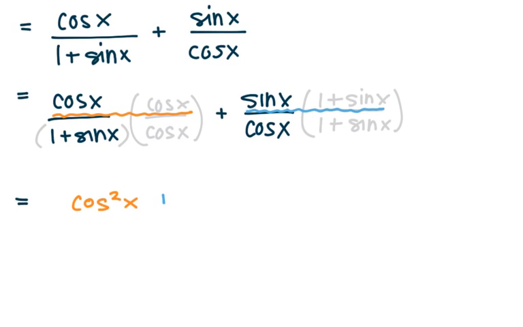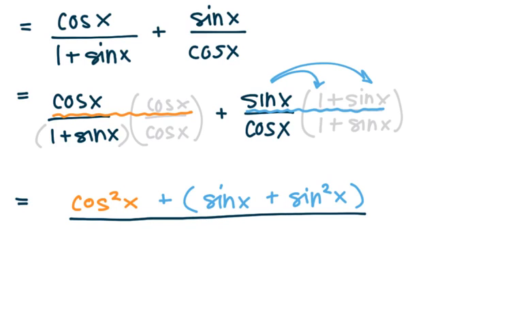And then I have plus sine x times 1 is sine of x, and sine of x times sine of x is sine squared x. So I have all of that over my common denominator, which is 1 plus the sine of x times cosine of x.